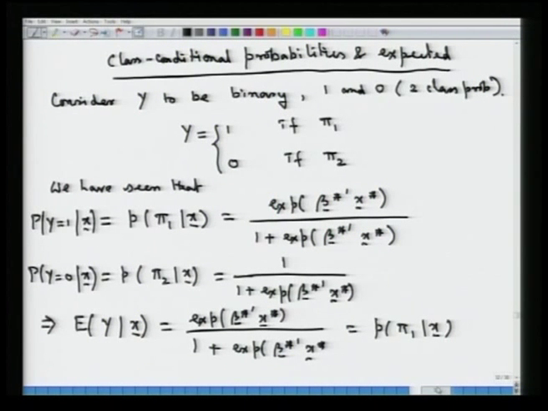Now, from this expression, where we have got this conditional expectation to be equal to this term, let us denote this quantity beta star prime x star by theta.